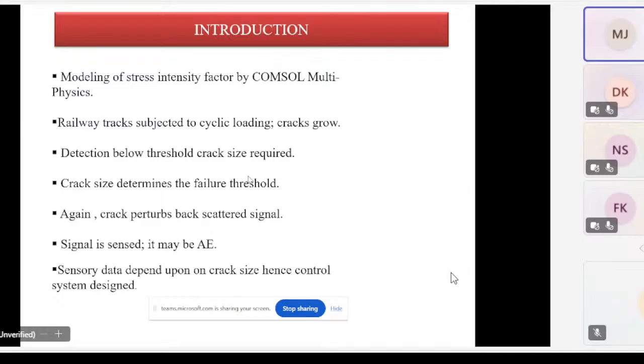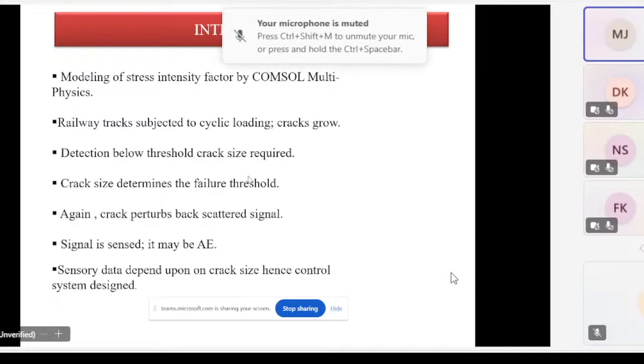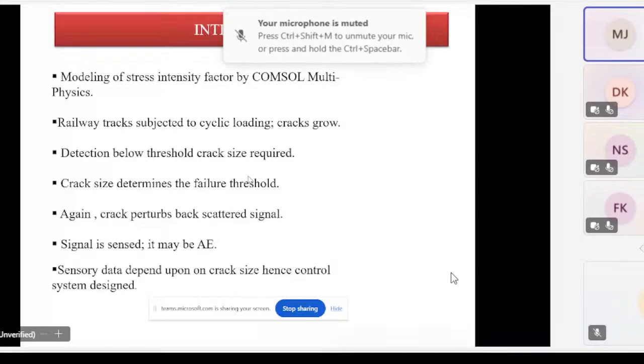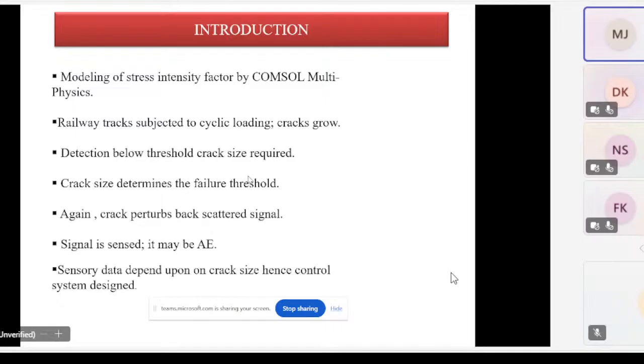When it leaves, there is a gradual diminishing of the bending moment and of the downward force on the track. This is a typical irregular variation of stress with time, and this pattern will continue. Now let us think about what will happen after some time.